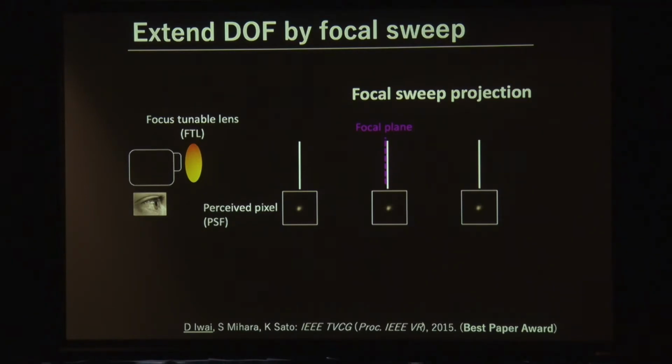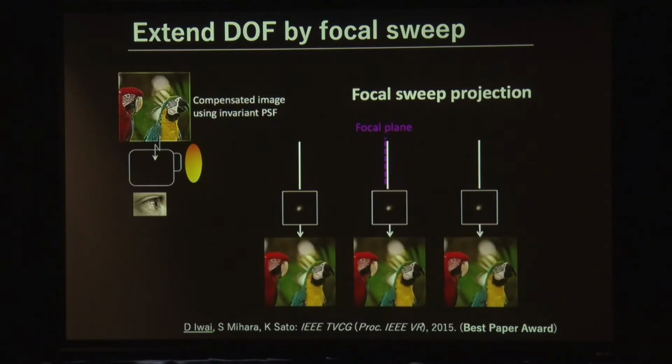The important point is that the PSF is depth invariant in this case, at least within the range of the focal sweep. Then we can emphasize the high spatial frequency components of an input image according to the depth invariant PSF, and project it from the focal sweep projector. Then we achieve an all-in-focus projection.